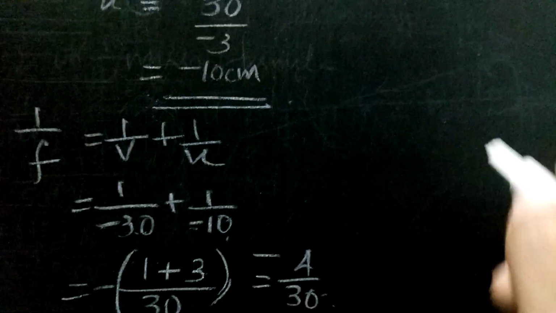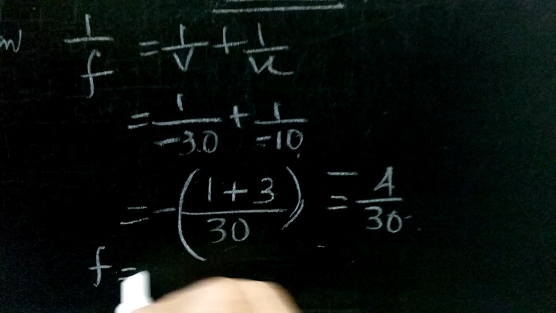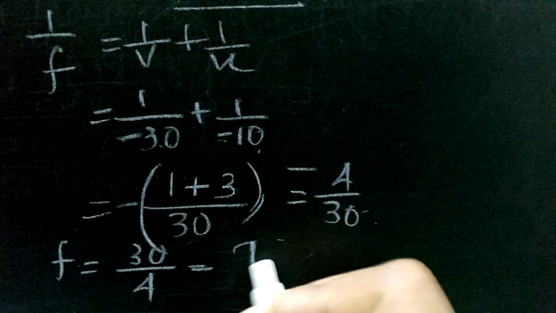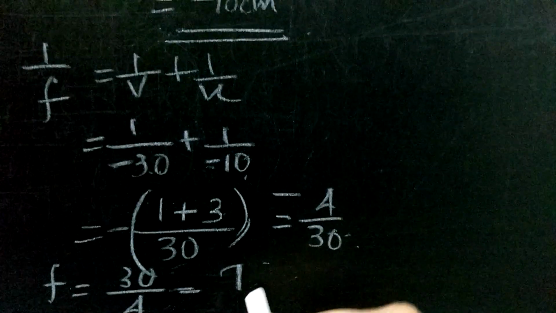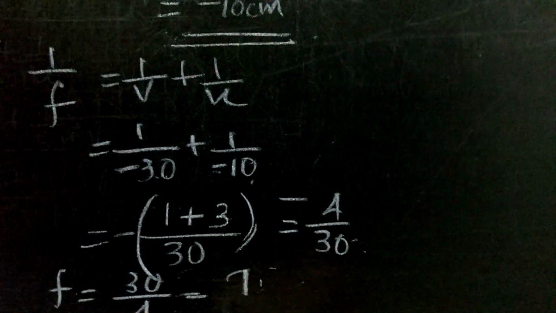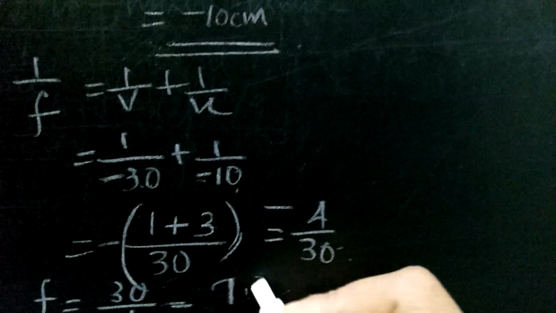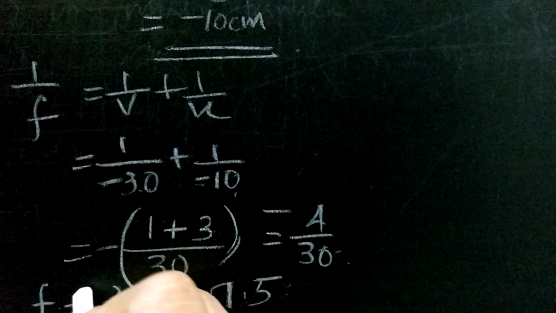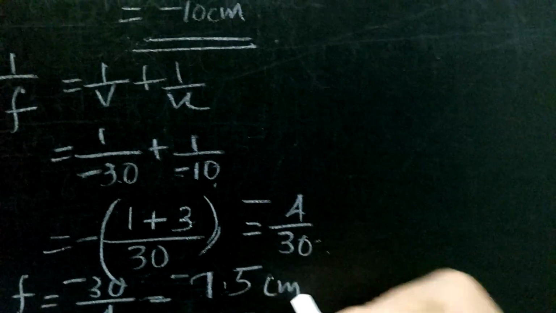Now this is 1 by f. So f is equal to 30 by 4, so you will get 7.5, and here it is negative 7.5 centimeter.